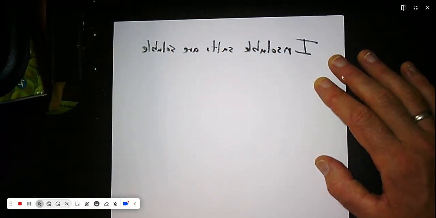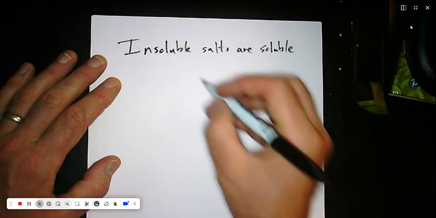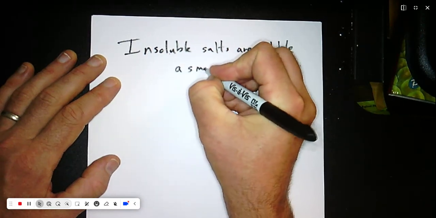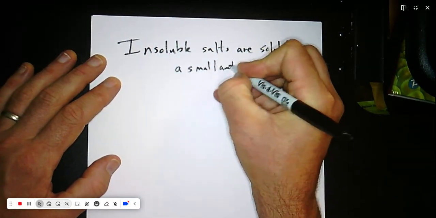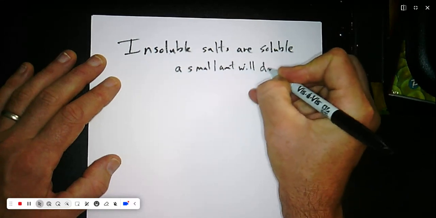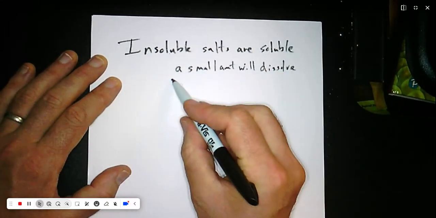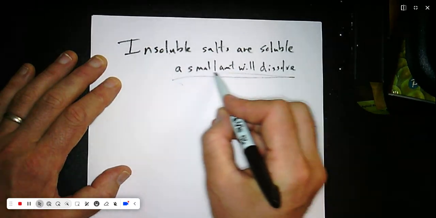Insoluble salts are soluble. All right? A small amount will dissolve.